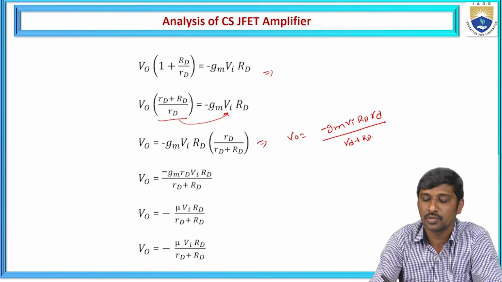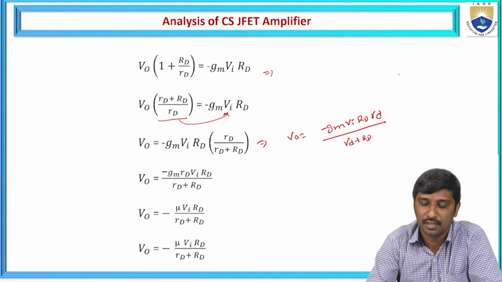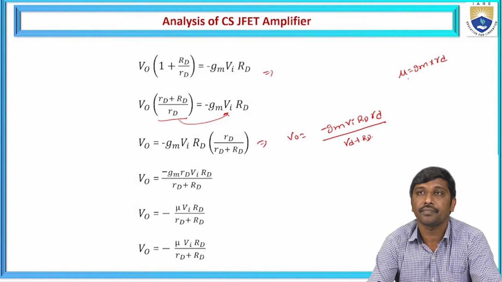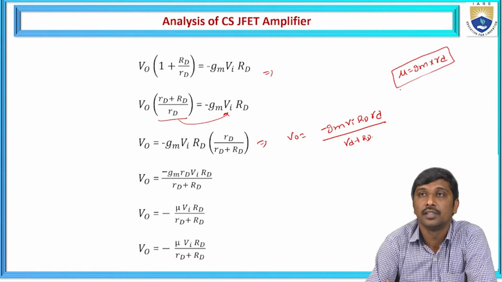And again, from the JFET or the FET analysis, we have one relation between the amplification: mu is equal to GM into rd. We have this relation from the FET characteristics, where mu is the amplification factor, Gm is the transconductance, and small rd is the internal drain resistance.